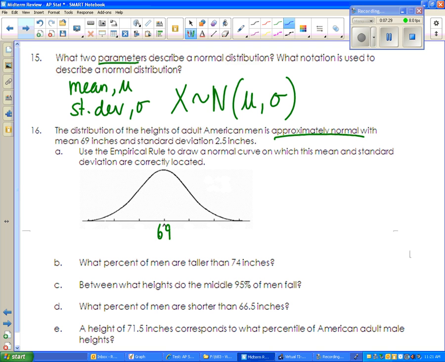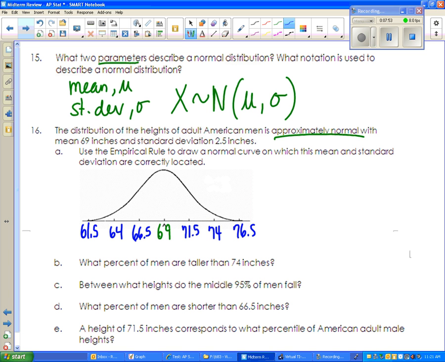So you're essentially just going to add and subtract the 2.5. If I add 2.5, one standard deviation above is going to be 71.5 inches. Another standard deviation is going to be 74 inches, and then 76.5. And if we subtract, this is going to be 66.5. This is going to be 64, and this is going to be 61.5.